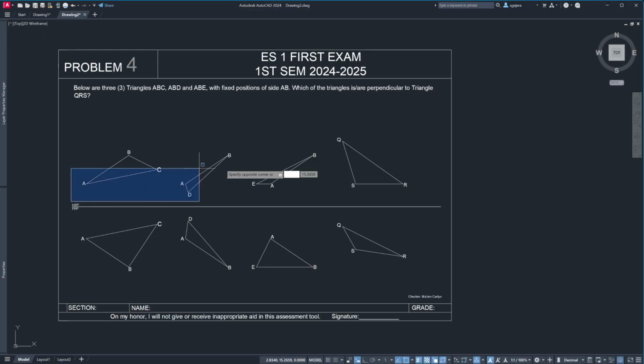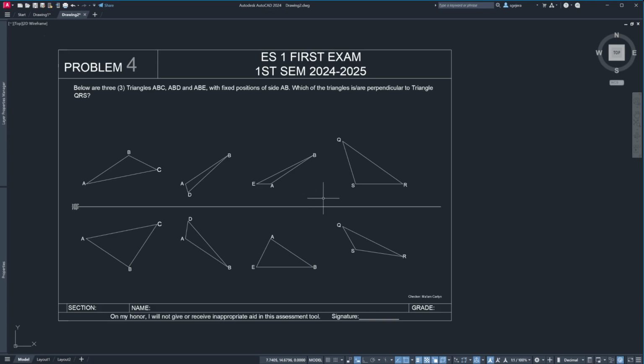So we just need to show which of these three are perpendicular to this given QRS triangle. When we have problems like this, we need to think about how we go about proving the perpendicularity of these planes. The only condition for us to prove that a plane is perpendicular to another plane is to show that one of the planes contains a line that is truly perpendicular to the given plane.